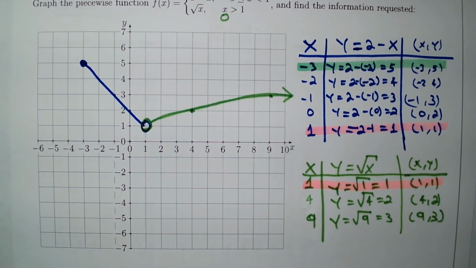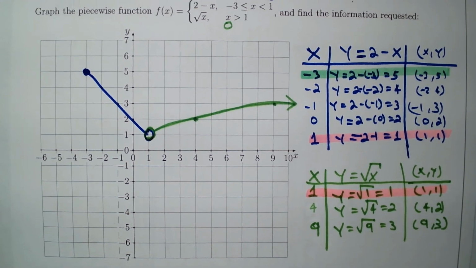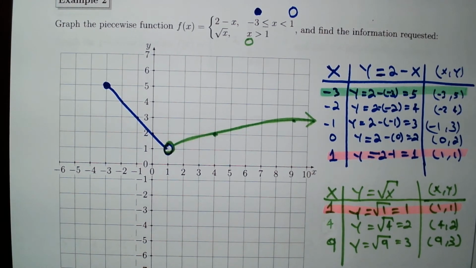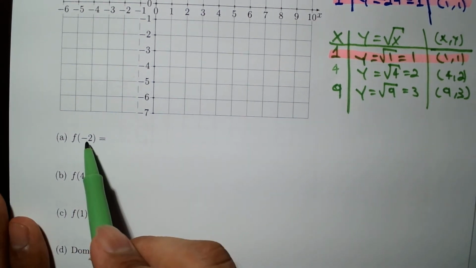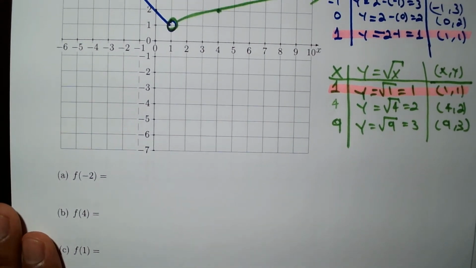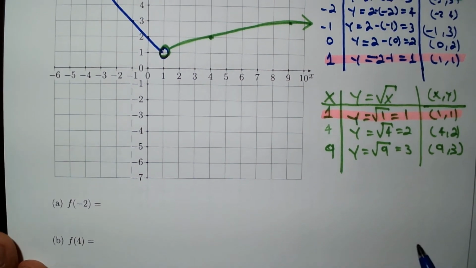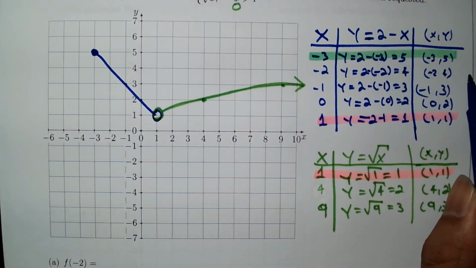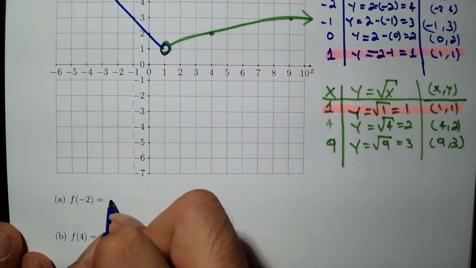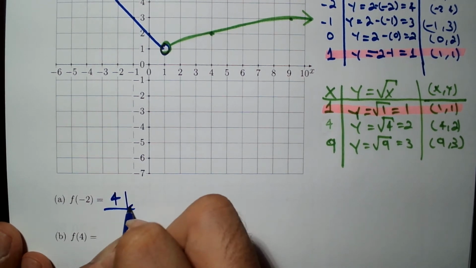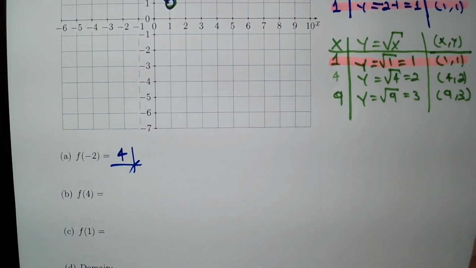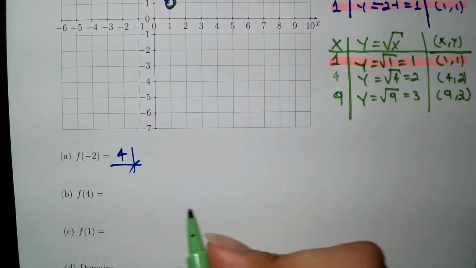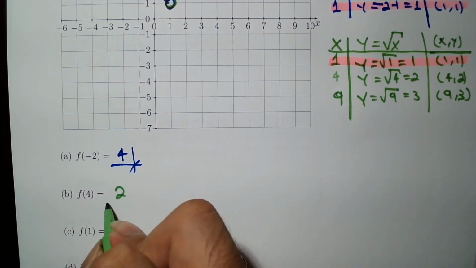Okay. Now let's analyze the function and see what we can answer about it. So f of -2, do we get that from the blue or from the green? In this case from the blue, and the y value, or f of -2, is 4. F of 4, we get it from the green part of the function, which in this case is 2.